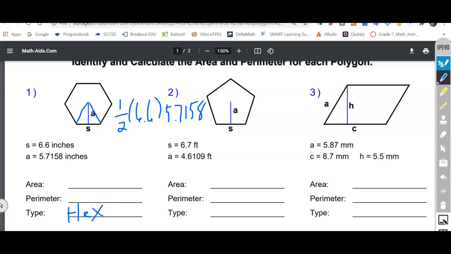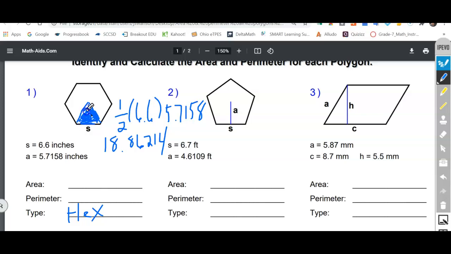So what do I get there when I multiply that? 1/2 times 6.6 times 5.7158. Leona. 18.86214. Okay, so now that is the area of one triangle.